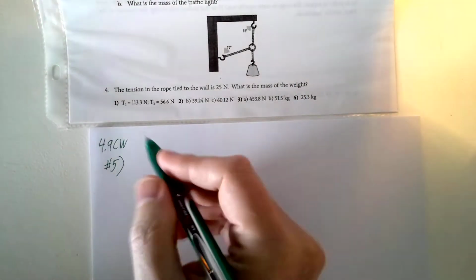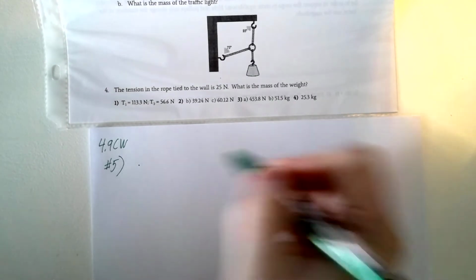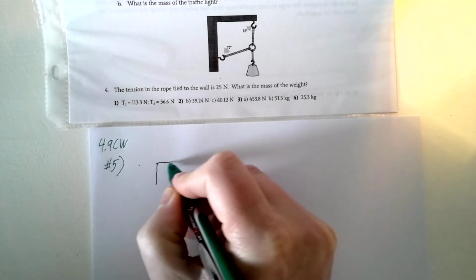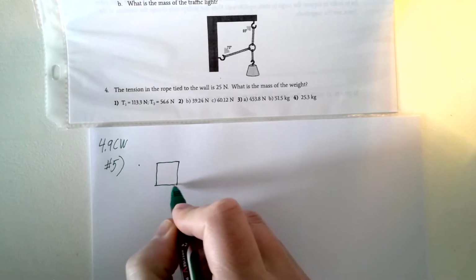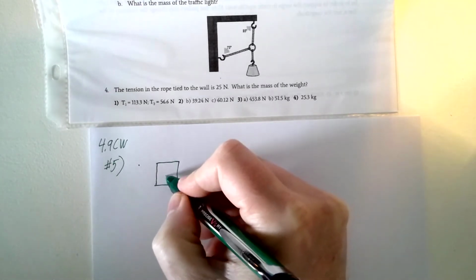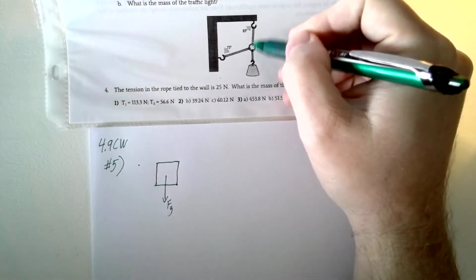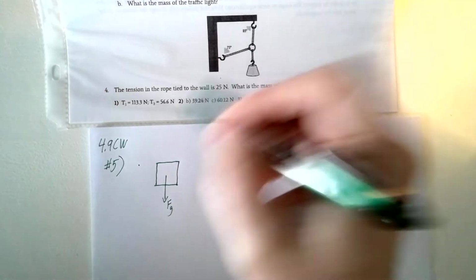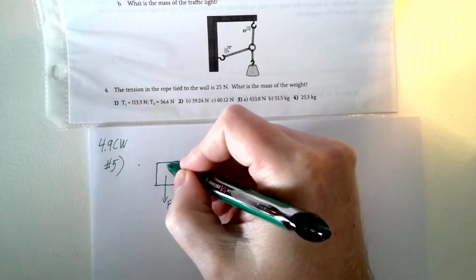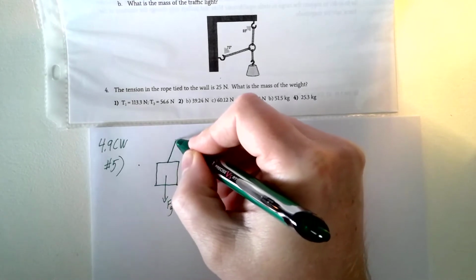Okay, so free body diagram. Let me give myself enough room. We know there's FG straight down. We also know there's a tension up at this angle here. So we'll draw this.